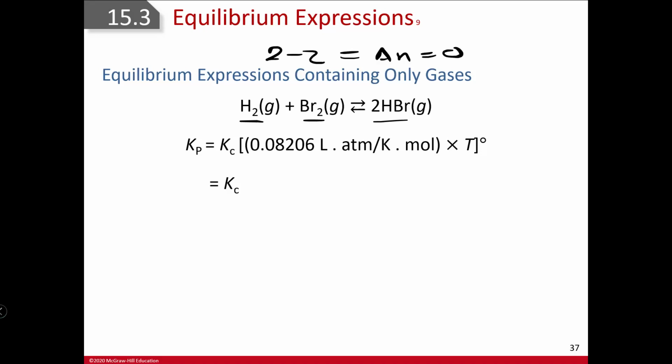So in this case, the R is this, the T is this, but you're raising it to the 0 power, so Kp equals Kc. That's how quick it is. And so if you know either Kp or Kc, you've got the answer. It's that quick, but you have to be able to quickly analyze this up here and go, this is a balanced chemical equation. It's all homogeneous. It's all gases. I'm trying to relate Kp to Kc.